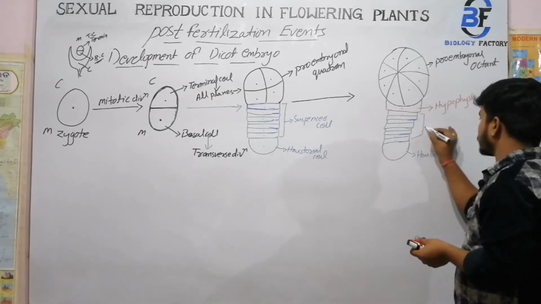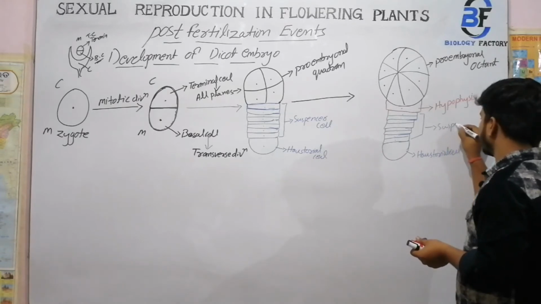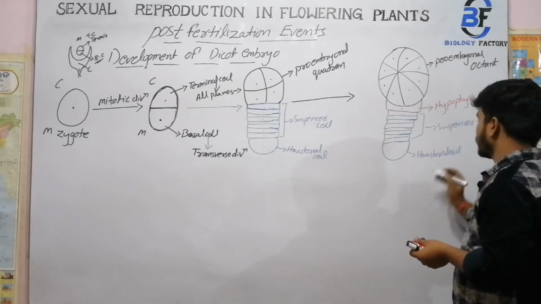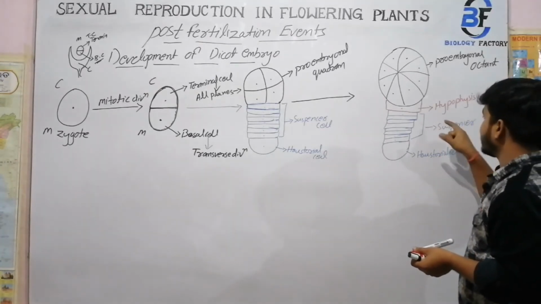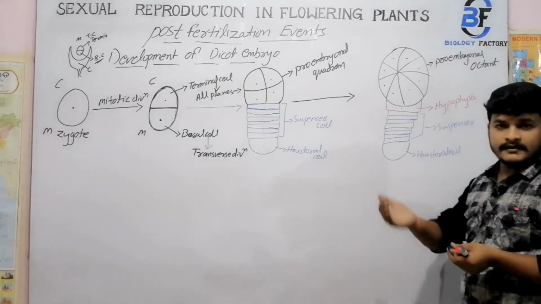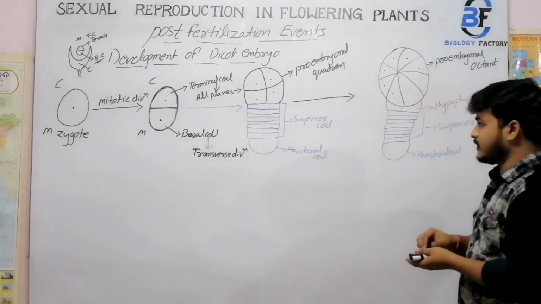So the suspensor is as it is, and the other cells are also as they are, and a single change takes place in your hypophysis.